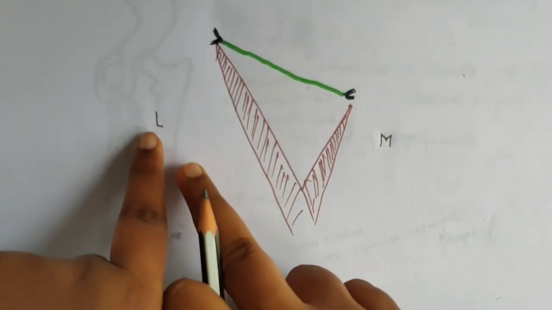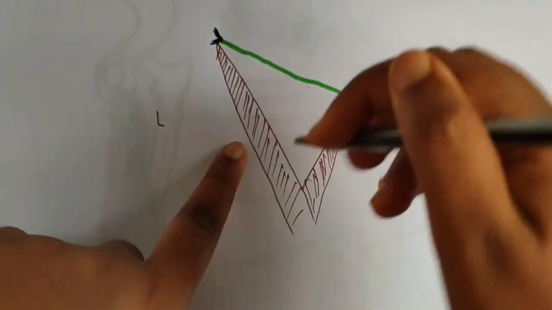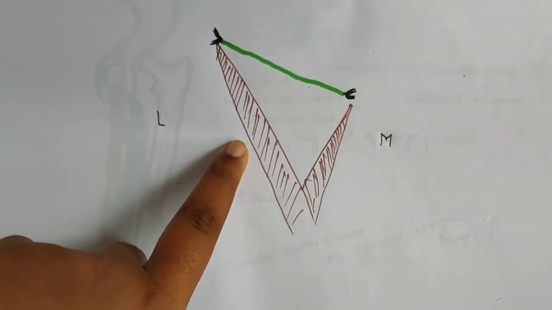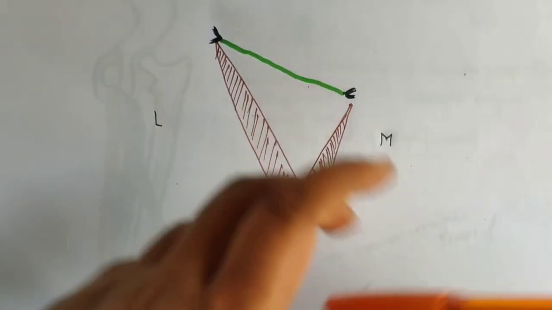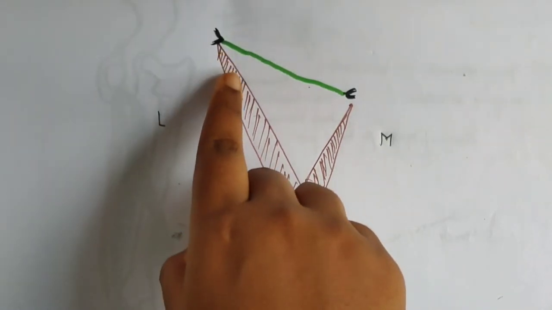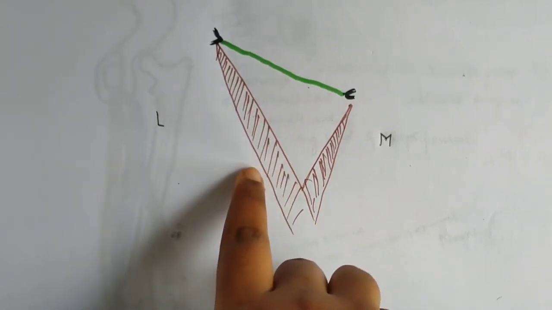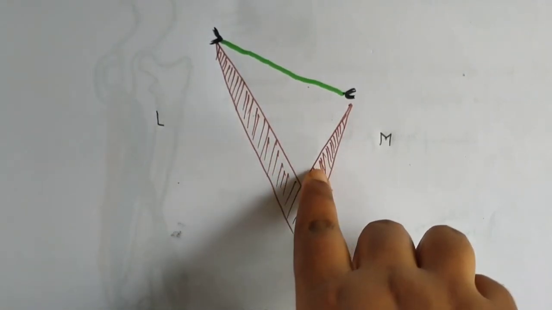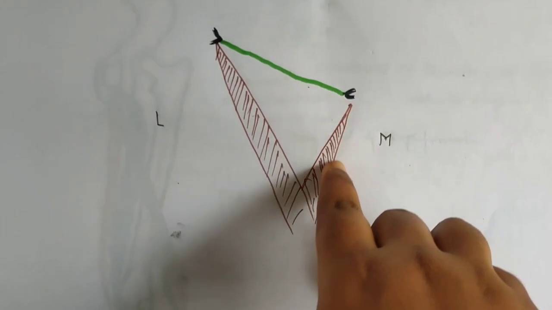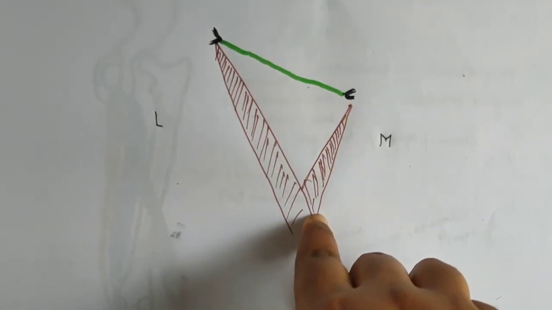The lateral border is formed by the medial border of sartorius, and the medial border is formed by the medial border of adductor longus.